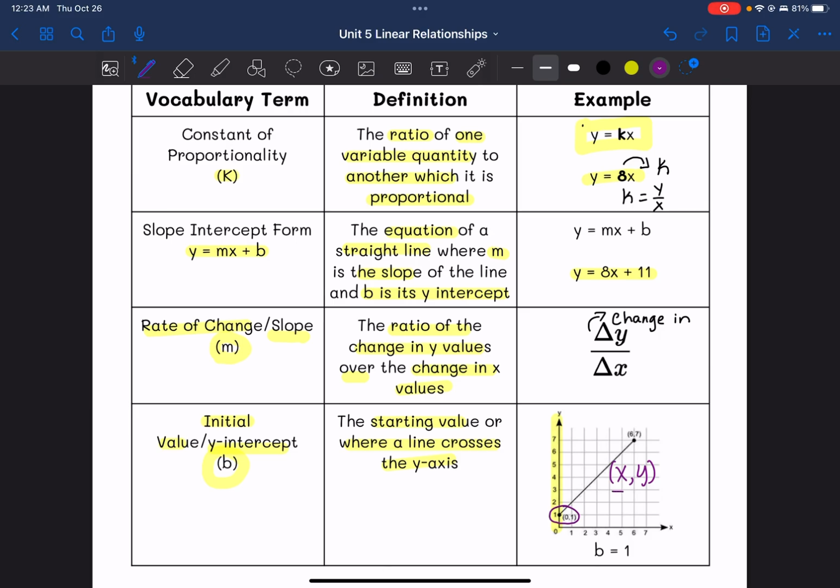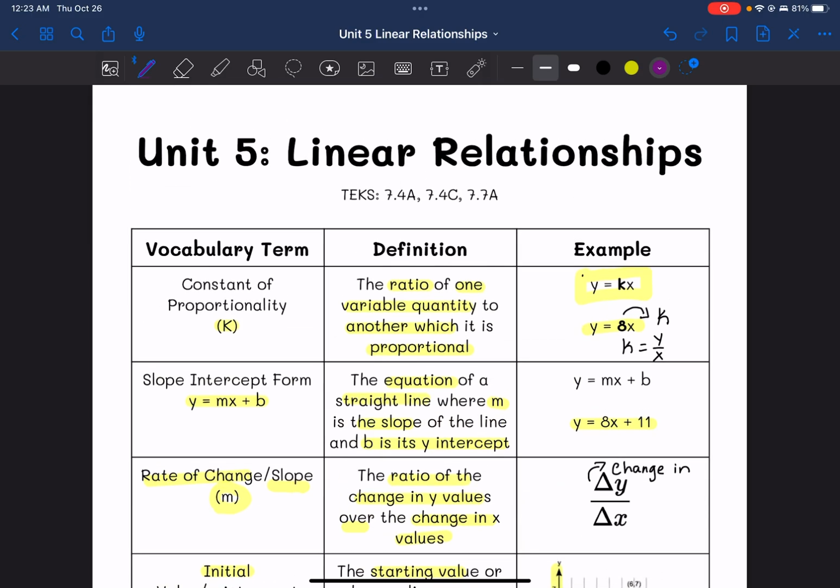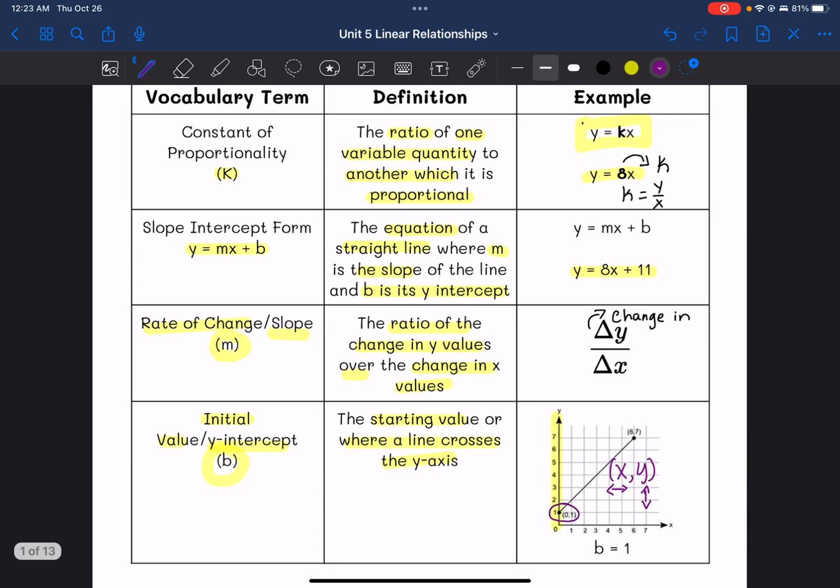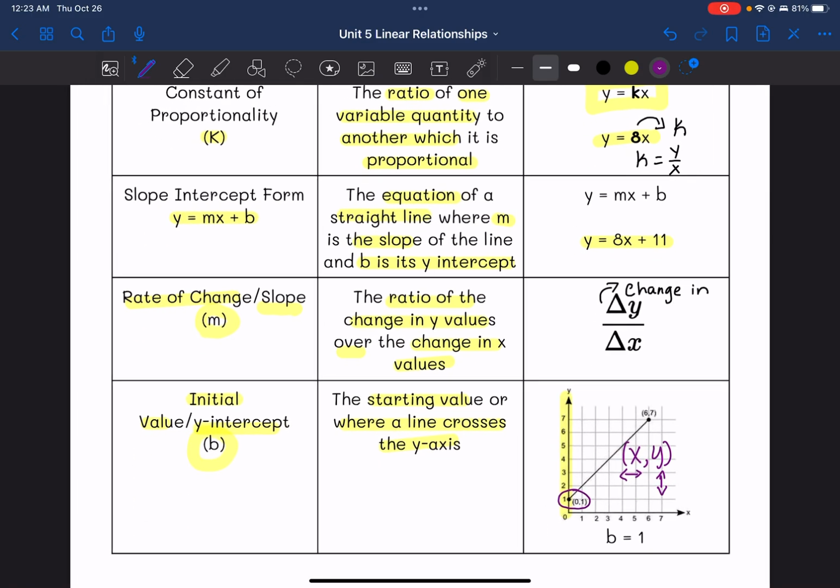X is going to be the horizontal, and y is going to be the vertical, okay? If you notice, I highlighted the vertical line, that is the y-axis, okay? So that means that the 1, because it is in the y's spot, is going to be our y-intercept, or the initial value, okay?